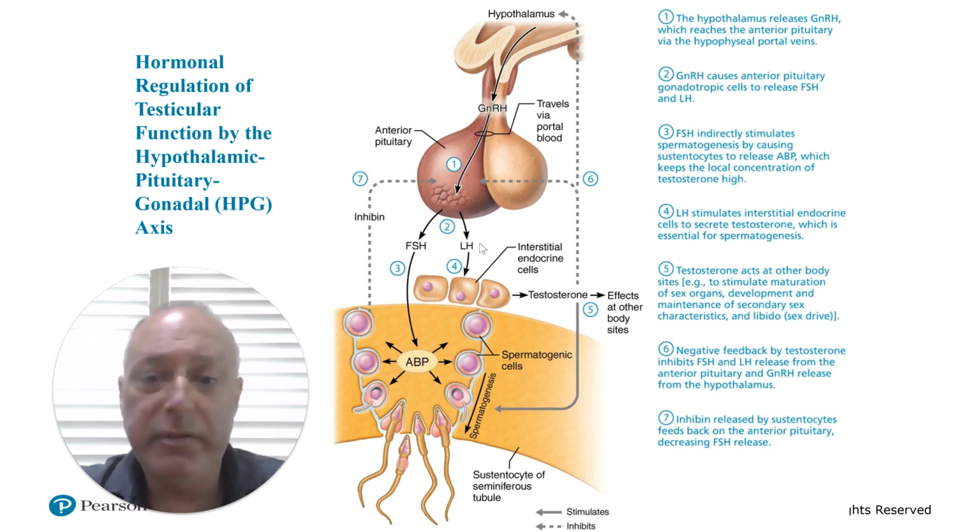These then enter the circulatory system, where they circulate until they reach their receptor, which is in the testes. The luteinizing hormone activates the interstitial cells to produce testosterone. The follicle stimulating hormone will activate androgen binding protein. Androgen binding protein is very important for making testosterone and making it available to these spermatogenic cells.